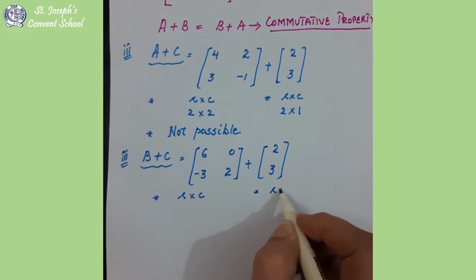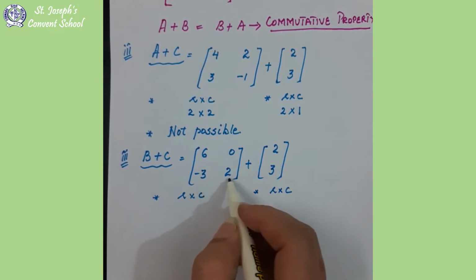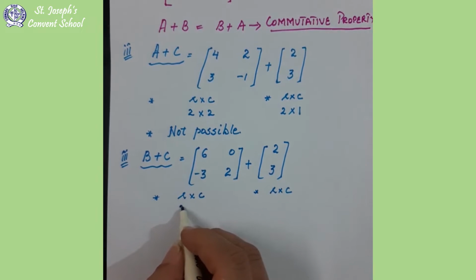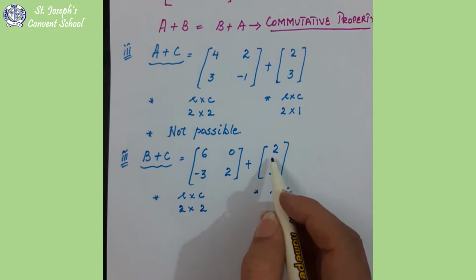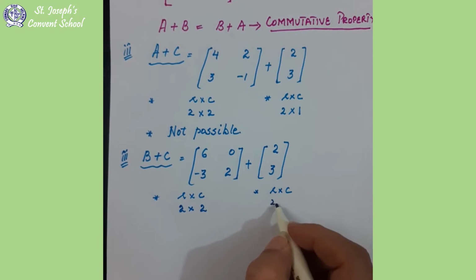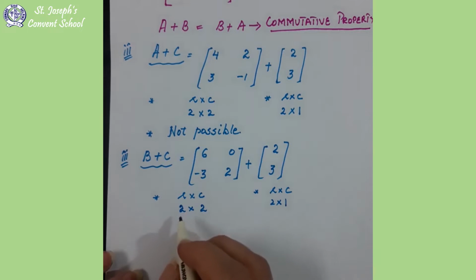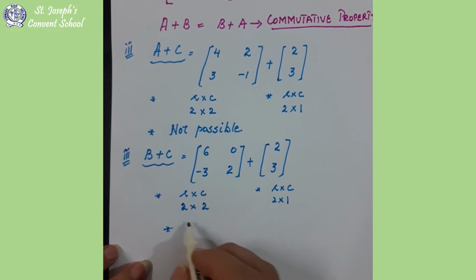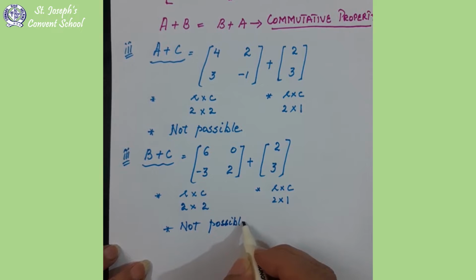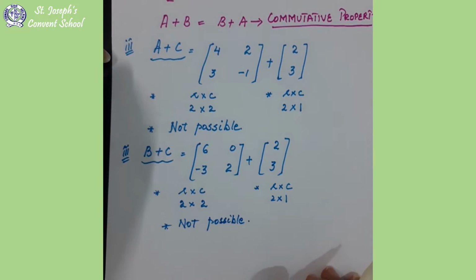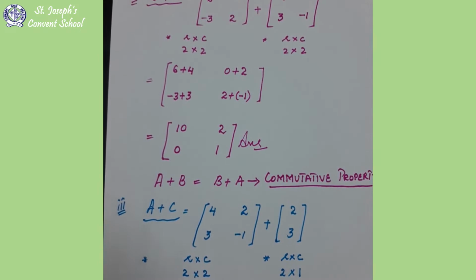Here 2 rows, 2 columns, so 2 by 2. Here 2 rows and 1 column. So order is different. It means that it is not possible. You cannot add this. So order is important. If it is same, then only you can add the matrices. And then addition is very simple. So I hope you have understood how to add them.